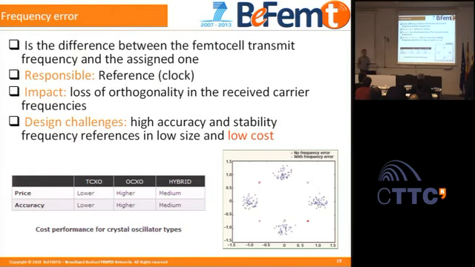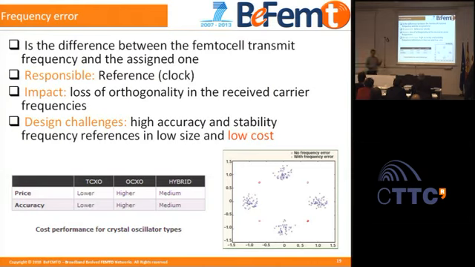For example, the frequency error. What is the frequency error? The frequency error is the difference between the femtocell transmit frequency and the assigned one. For example, if you want to transmit at 2 GHz exactly, and you transmit at 2 GHz and 1 MHz, you have 1 MHz of frequency error.